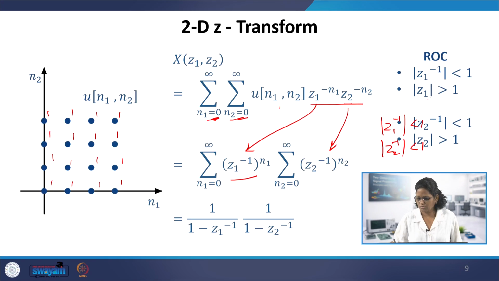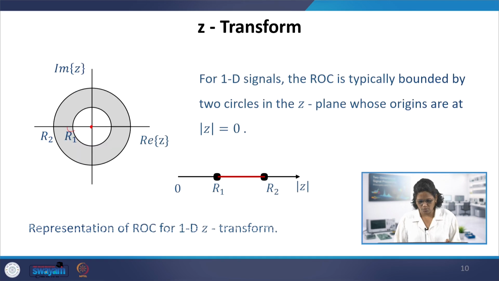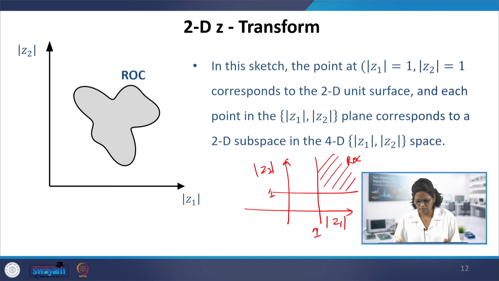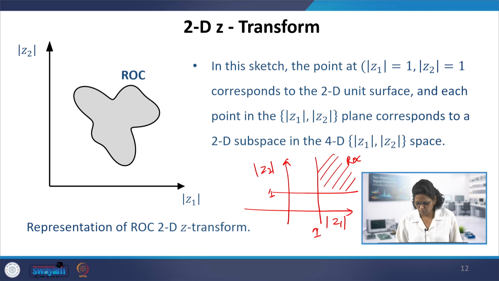So that ROC we are now defining here. The case Z1 greater than 1 is this complete region, and Z2 greater than 1 is this region. When we take the intersection of these two, this is the region representing the ROC of the 2D sequence, that is a unit step sequence.